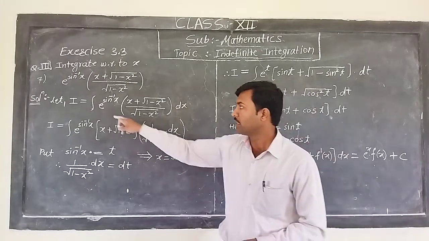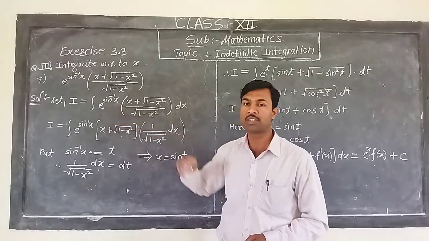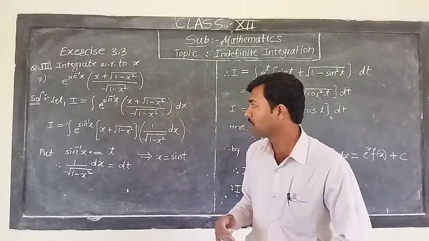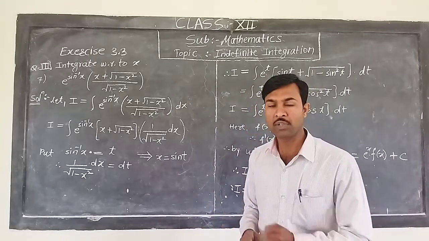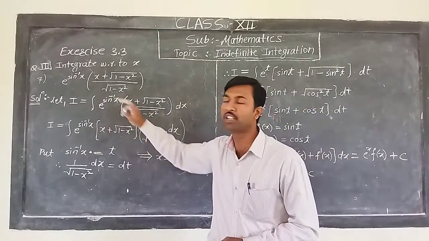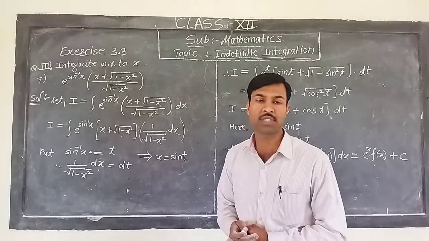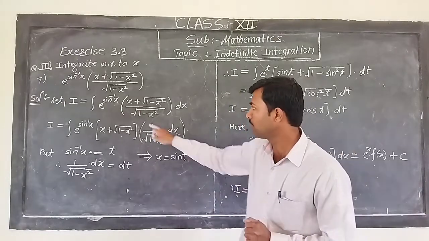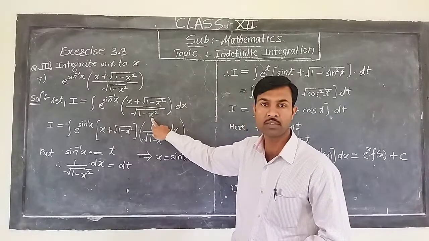Now here I found that e has power sin inverse x, but for our formula we need e raised to x. So I have decided to make a replacement of sin inverse x. But the derivative of sin inverse x is 1 upon under root of 1 minus x square into dx. So here is the term under root of 1 minus x square.